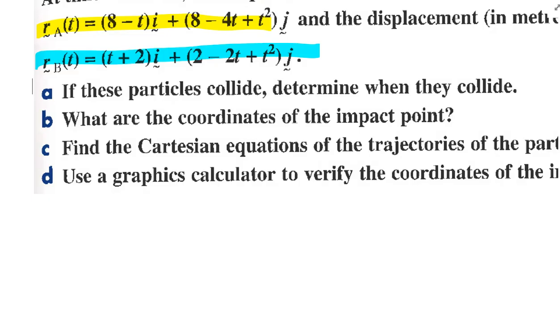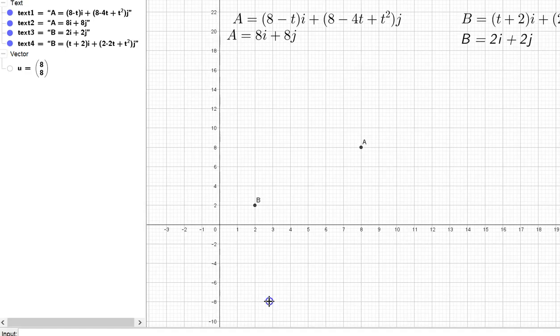So for two particles in two-dimensional space to collide, their i coordinates and their j coordinates need to be identical. In other words, their position in horizontal space needs to be the same.